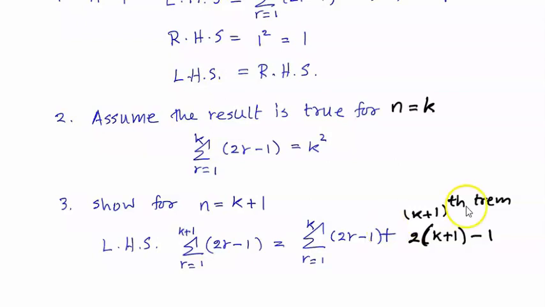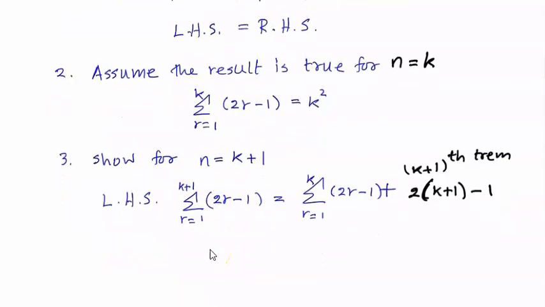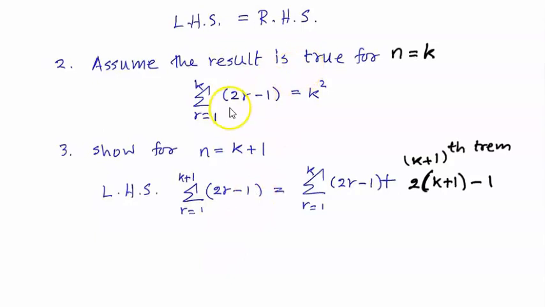That gives us the k plus 1 term of the whole form on the left side. Now we can simplify this a little. I know this sum equals k squared, so everything here can be replaced with k squared, and then I have plus 2k plus 1 minus 1. If I simplify, I write 2k plus 2, then minus 1 makes it plus 1.